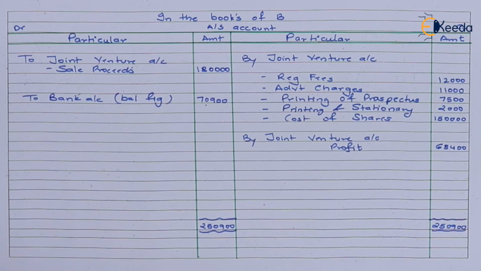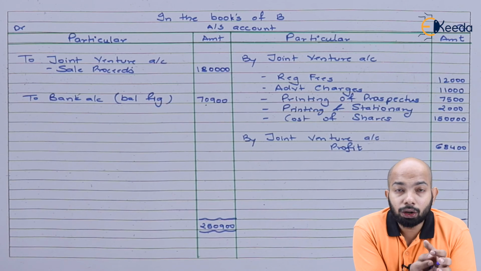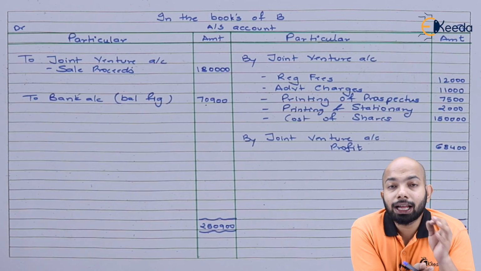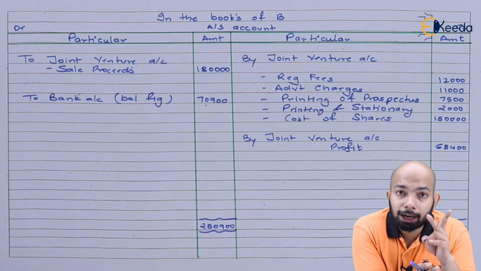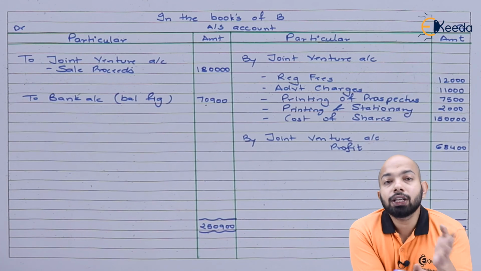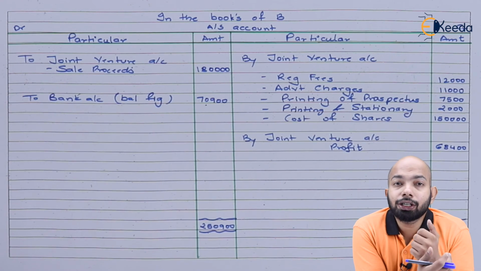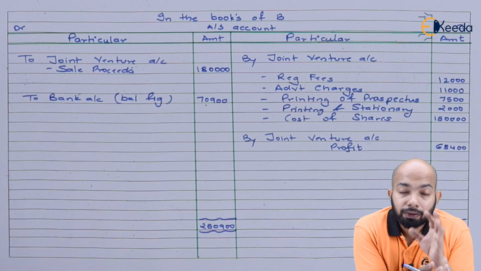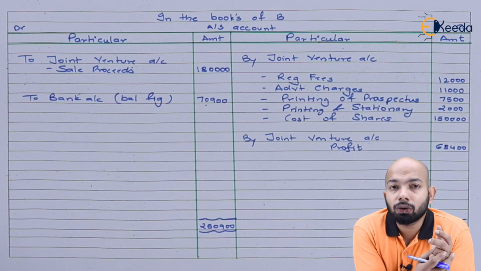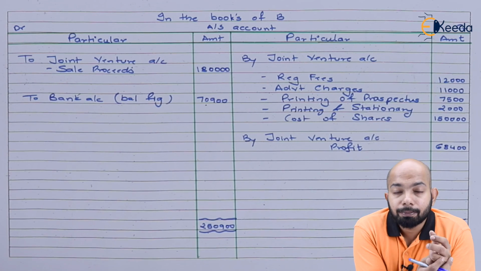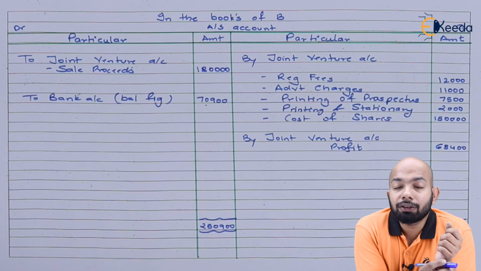That is equivalent to the amount that is 70,900 itself, because A's account has been debited and the bank account has been credited. That means that much of the portion has gone to B, hence it has been mentioned here, rather it has gone to joint venture itself, hence it has been mentioned here as a part of this transaction. So this is the balancing figure that we have figured out.